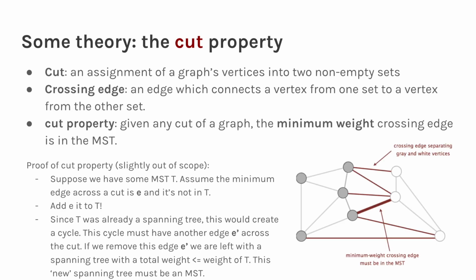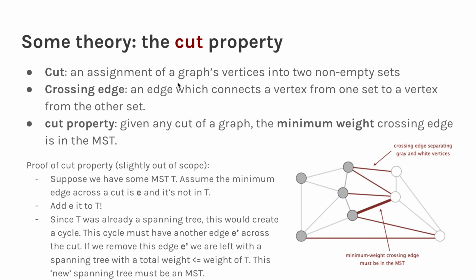Okay, so before we go into Kruskal's and Prim's, an important piece of theory to be aware of is the cut property. This is the basis of the proof for why Prim's and Kruskal's work for constructing minimum spanning trees. First, what's a cut? A cut is an assignment of a graph's vertices into two non-empty sets.